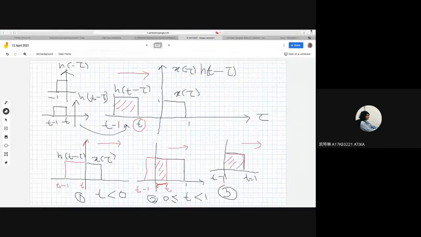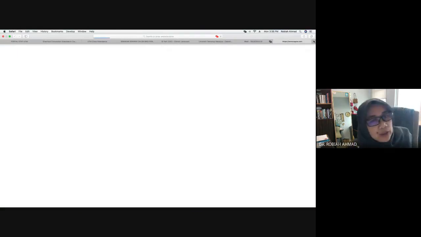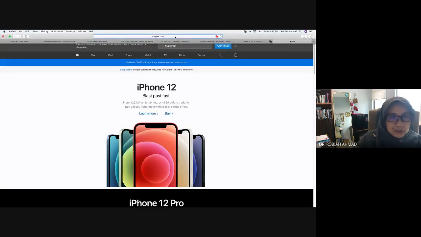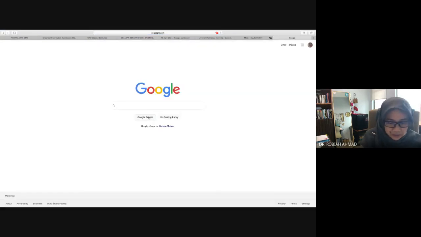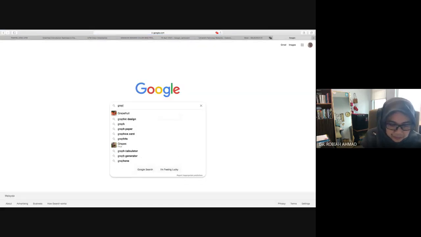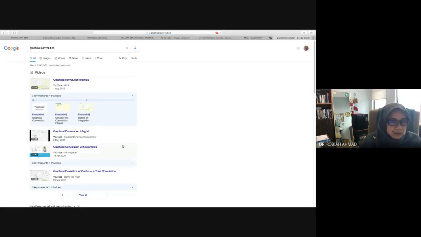Okay, I think the best one, can you all see my screen? Okay, let me Google for a moment, I think that one will be very good, the Wikipedia page about convolution, graphical. Because my computer's Keynote cannot open Wikipedia.